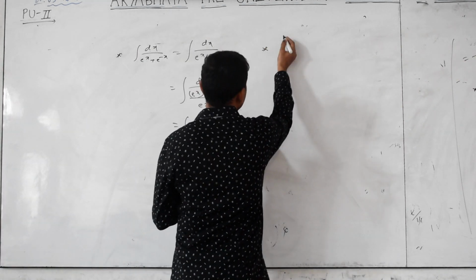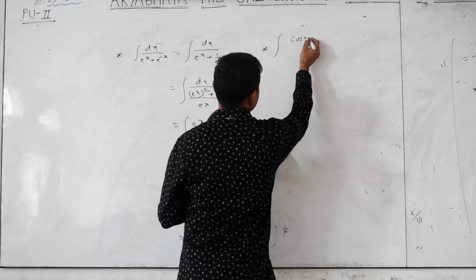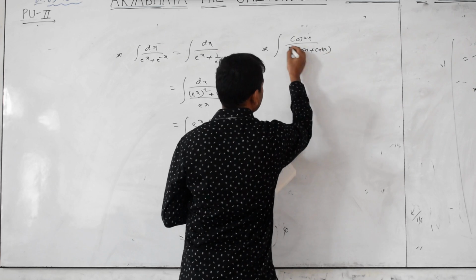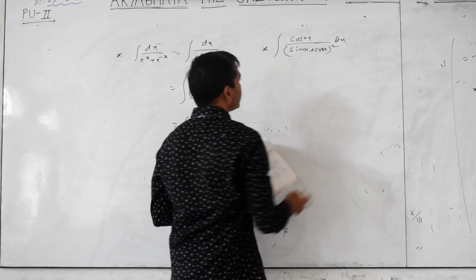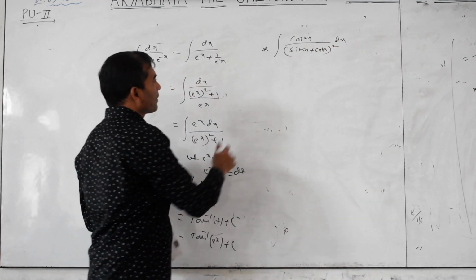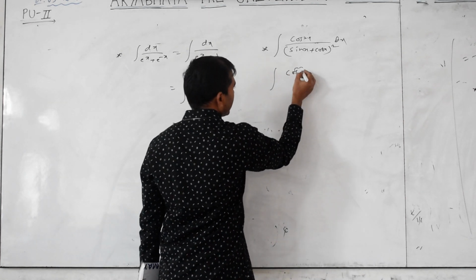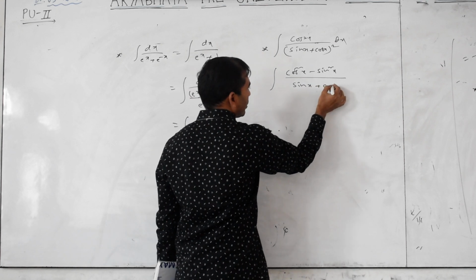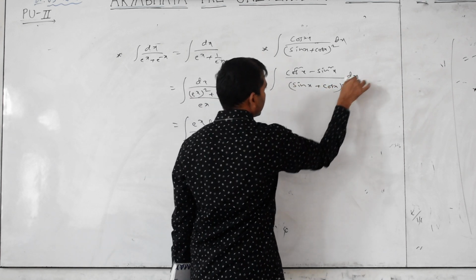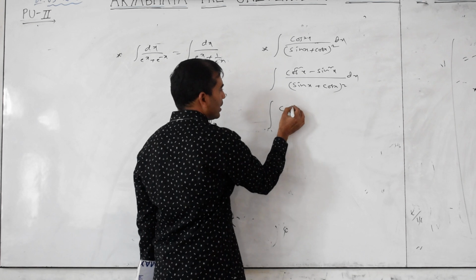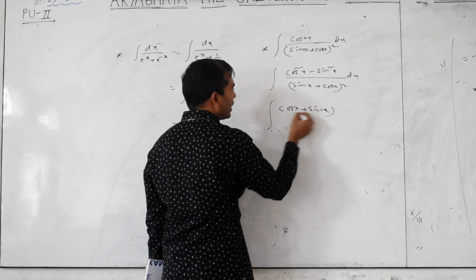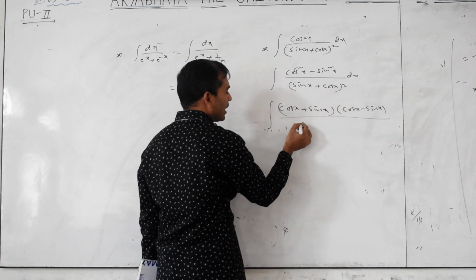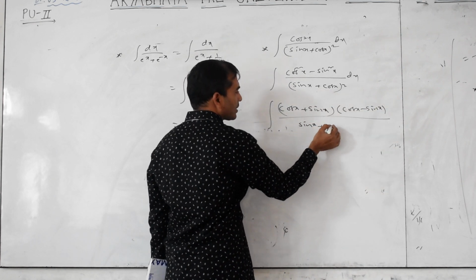Next, integration of cos 2x by (sin x plus cos x) whole square. Cos 2x we can write as cos square x minus sin square x by (sin x plus cos x) whole square. A square minus b square formula: (a plus b) into (a minus b), so (cos x minus sin x) by (sin x plus cos x).